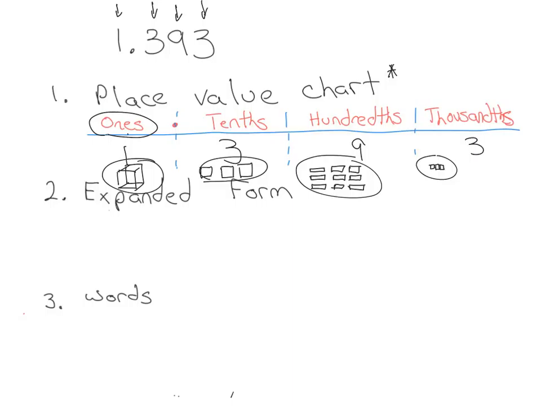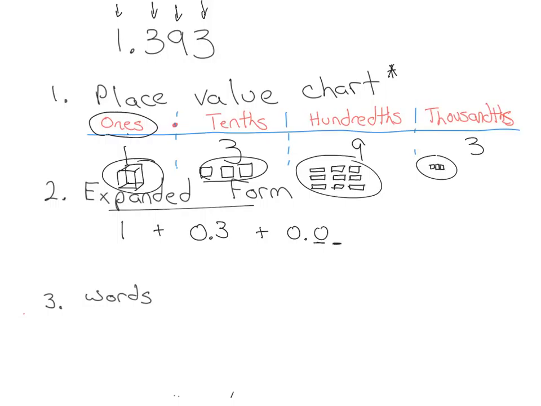How could we write this in what we call expanded form? We've done this with big numbers. Now we're going to deal with it in smaller numbers. You can think of it as this. We've got 1 whole plus 3 tenths, which we're now going to write as 0.3. We've got 9 hundredths. Remember, after the decimal, the first value is the tenths, so we'll just put a 0 in.